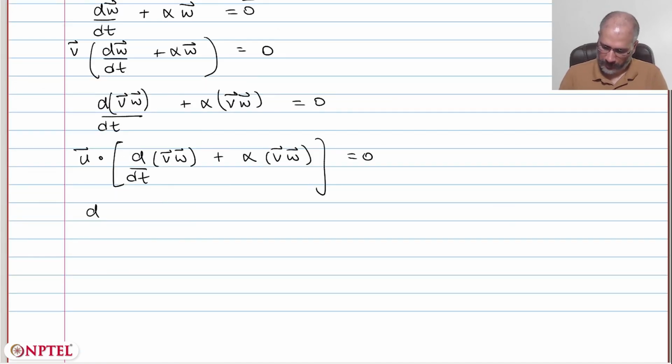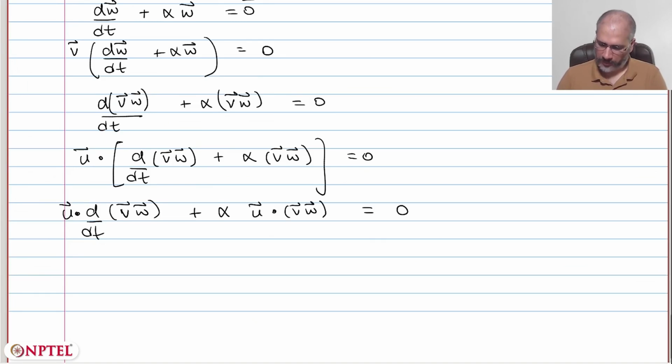So this will become d by dt of, well, let's say u is a function of time, so we don't move it inside, so it's u dot d by dt of vw plus alpha is simply a scalar, then u dot vw, and this is equal to a 0.